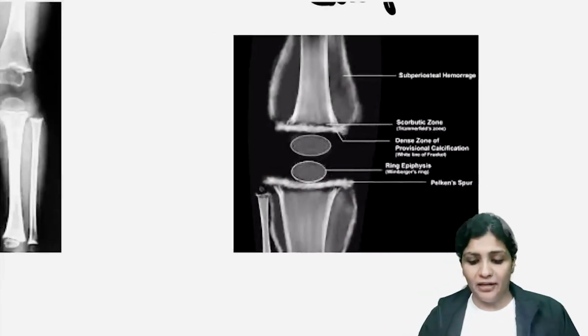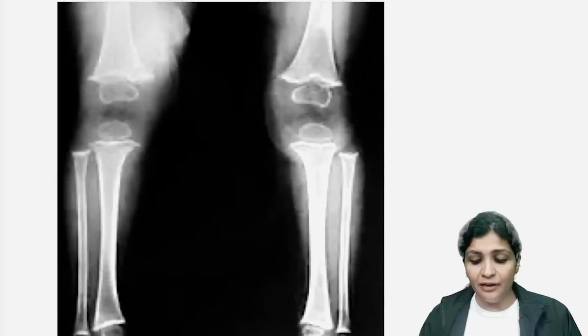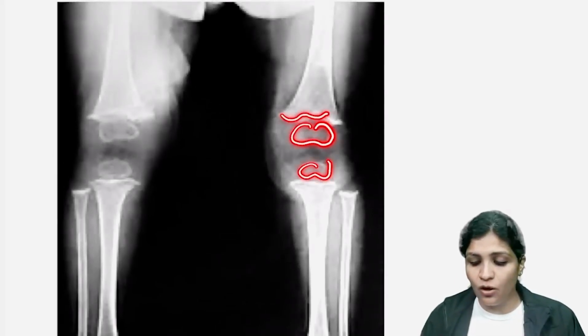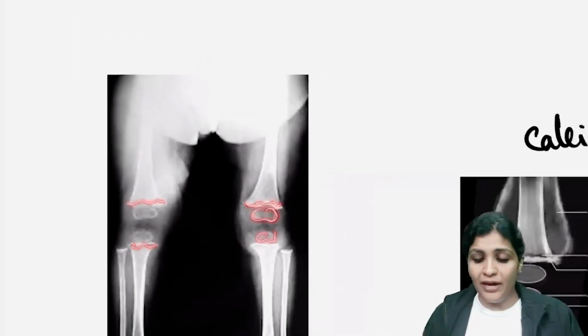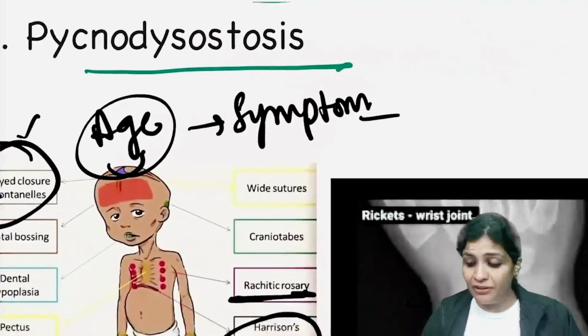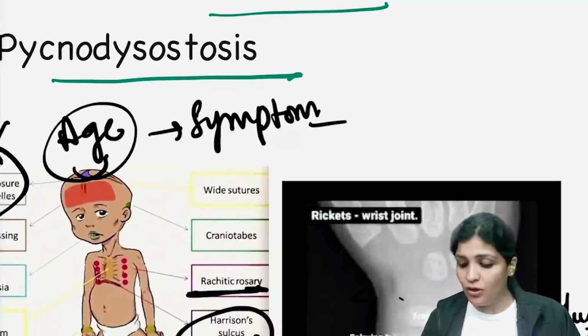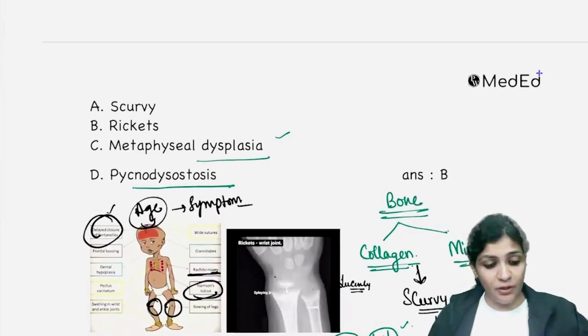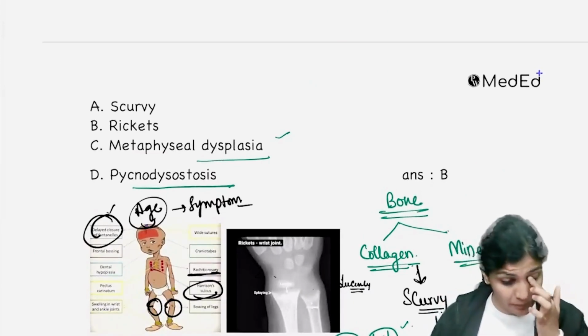In rickets, everything is lucent here. Understood? So that is how you identify between rickets and scurvy.